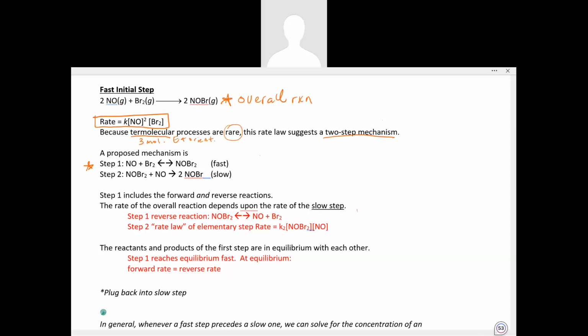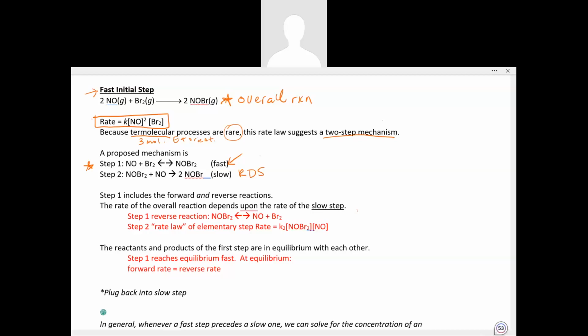So we have this proposed mechanism given down here in 2 steps. So we see our first step now is the fast step. So we have that initial first step being fast, and then step 2 is our slow step. So this is our rate determining step in step 2 here.